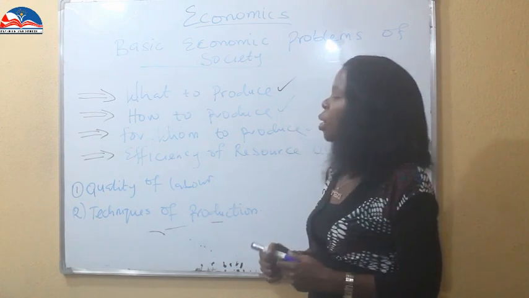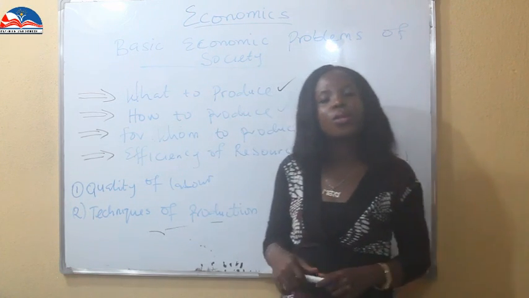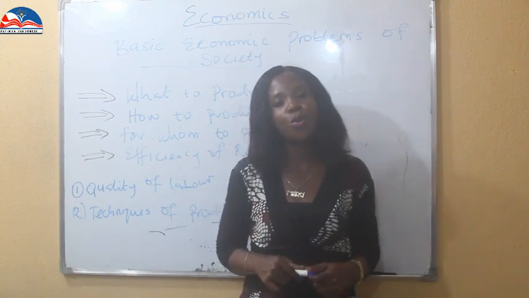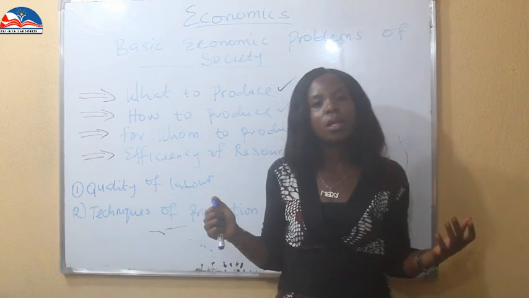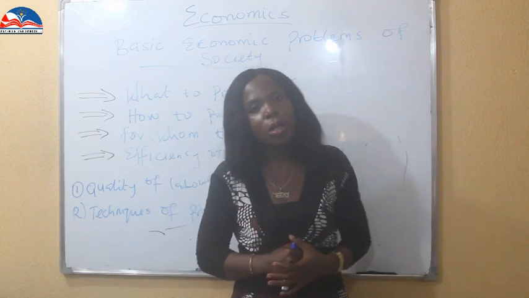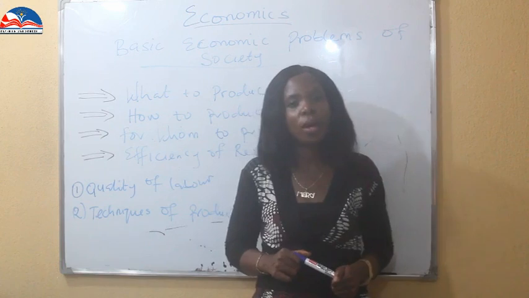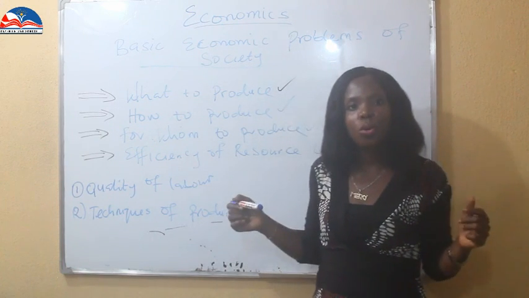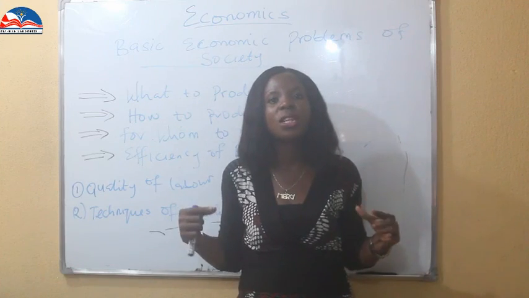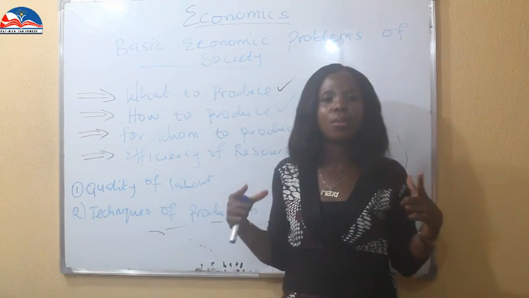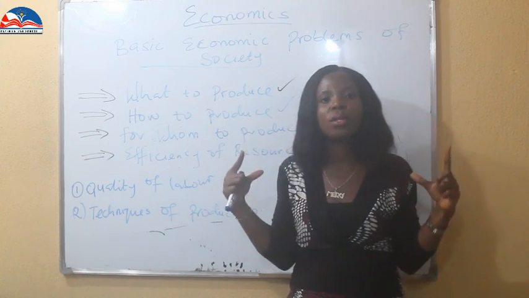Now, when we talk about efficiency of the resources use, know that the resources available to produce is relatively not as much as it is to meet all the needs that is required. And so, those in production want to see how they can efficiently manage what is available to create products, to create services.